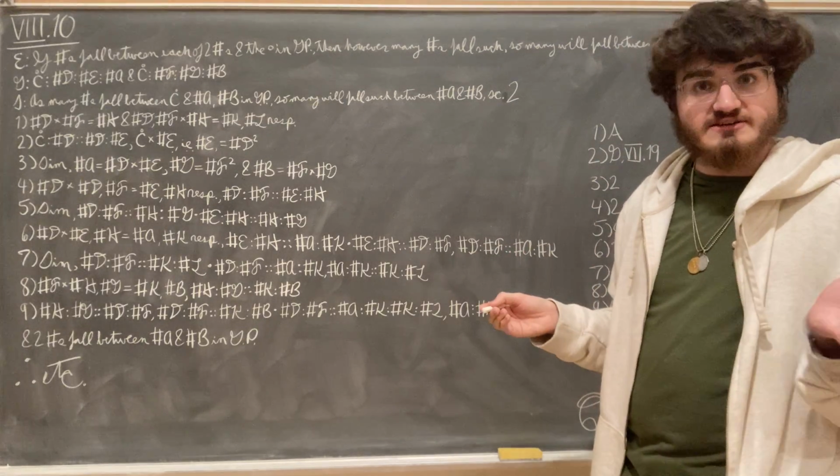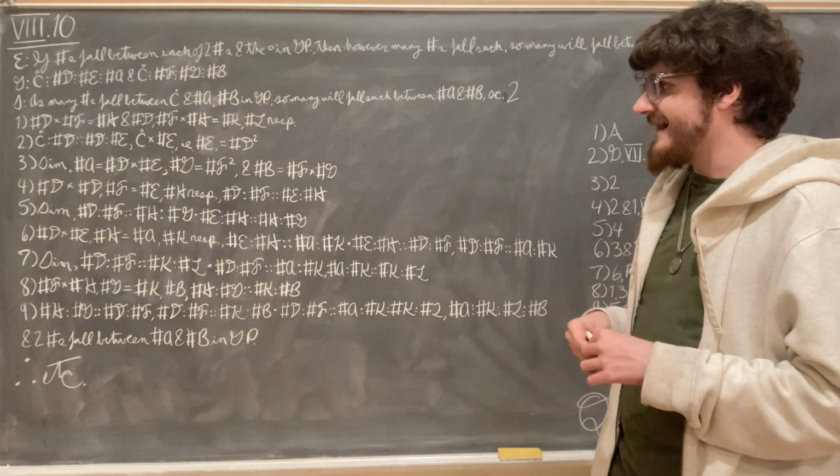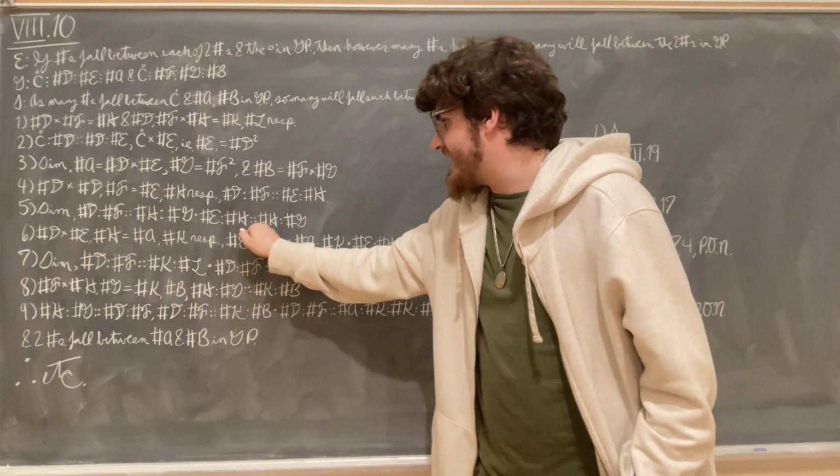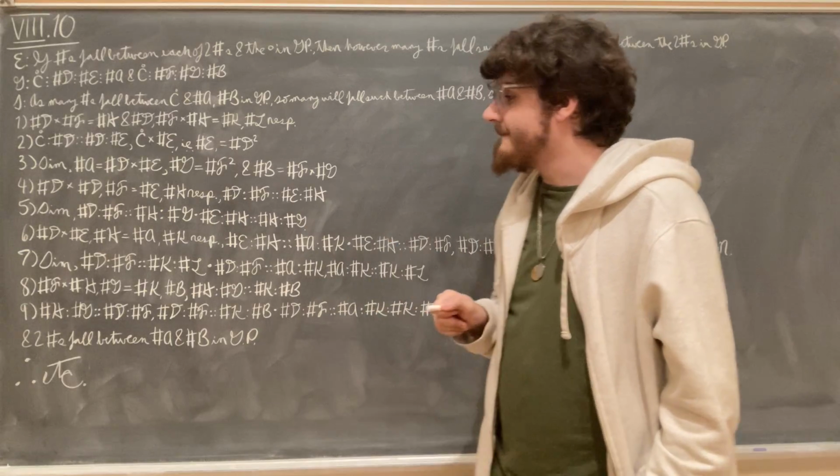A property of numbers tells us that they are the same with one another, so that we can say that E is to H just as H is to G.